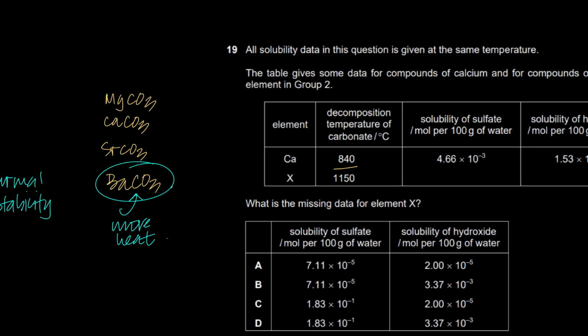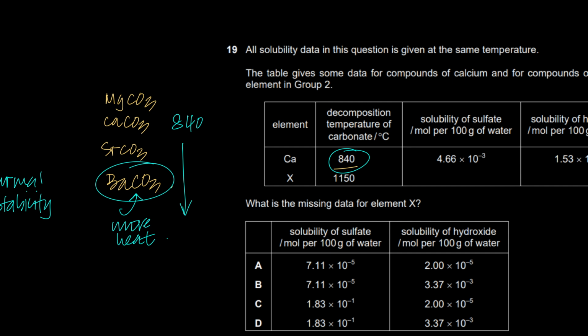So if calcium carbonate is 840, should X carbonate, if it has a higher decomposition temperature, be at the bottom of the group or at the top? It should be at the bottom, because the thermal stability increases as you go down the group, so more energy is required to decompose it.